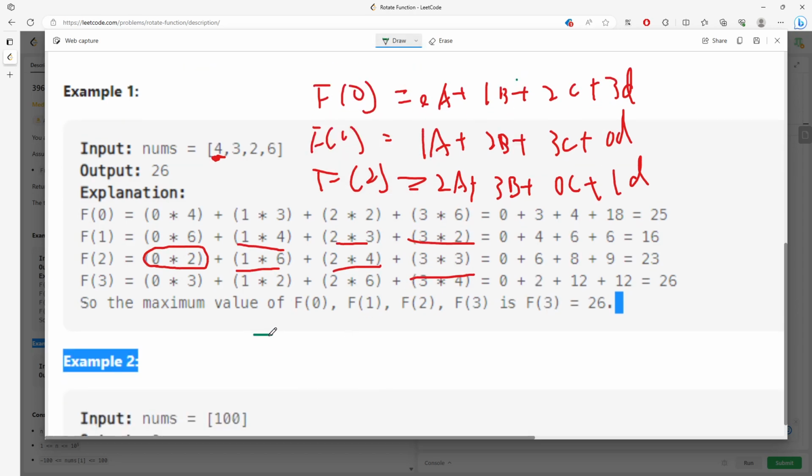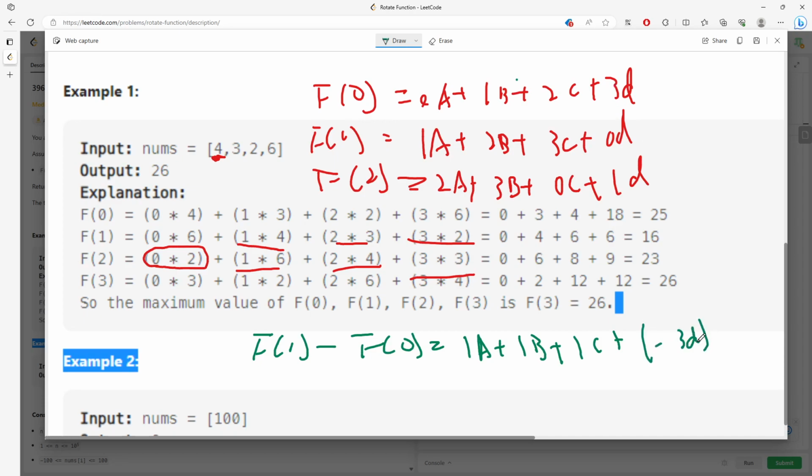Imagine f of 1 minus f of 0. What do you get? 1A minus 0A, 1A, plus 2B minus 1B, 1B, plus 3C minus 2C, 1C, plus 0D minus 3D, negative 3D.